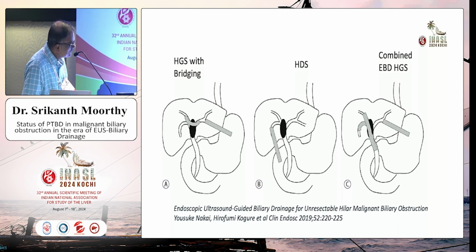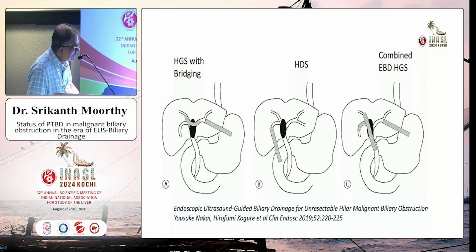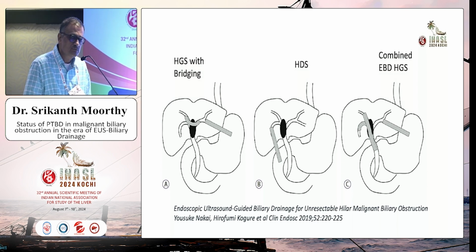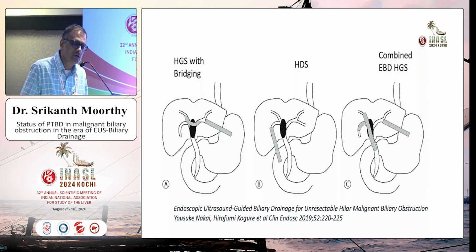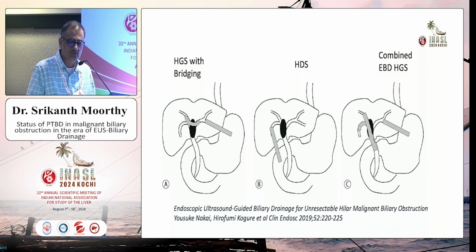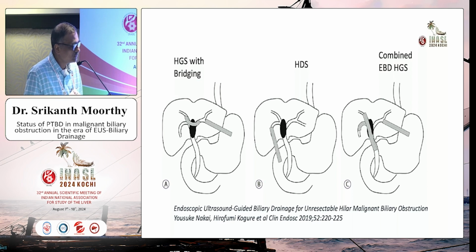You just connect this, you're far away from the stricture, and you get drainage. And because you're far away from the stricture, you are likely to have a much greater patency, and issues with tumor ingrowth and overgrowth are not going to happen. So this is a natural advantage. What is an external drainage in PTPD is actually an internal drainage in US. So that's a great advantage.